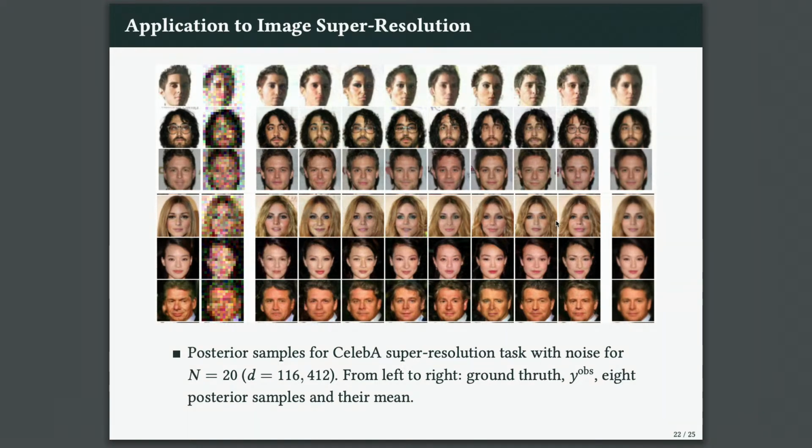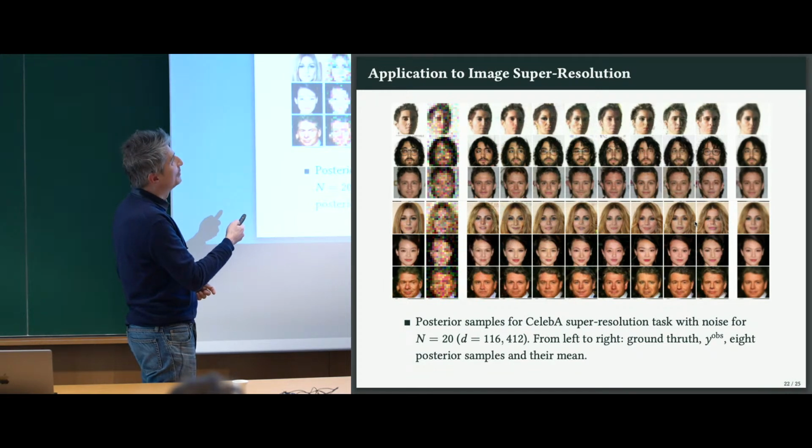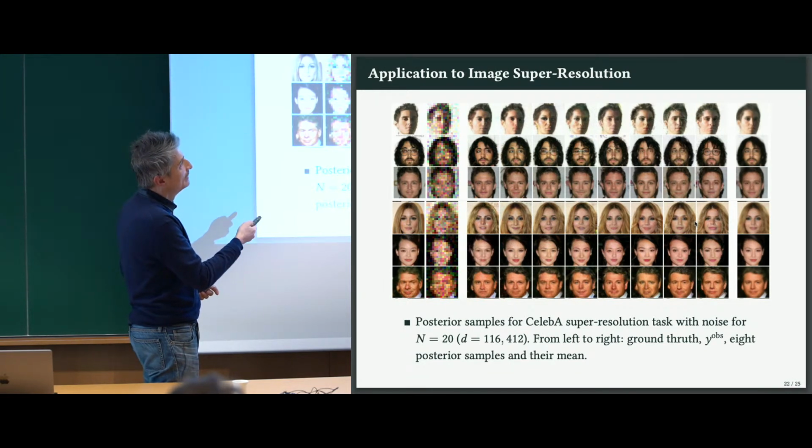Then I give y to the score network I've learned. I simulate a reverse diffusion. After 20 time steps in this case, I have an approximate posterior sample. If I rerun it, 20 time steps, I get a different posterior sample each time.